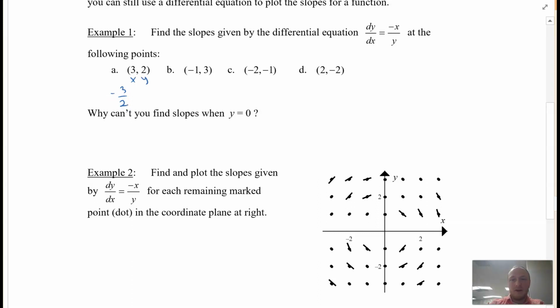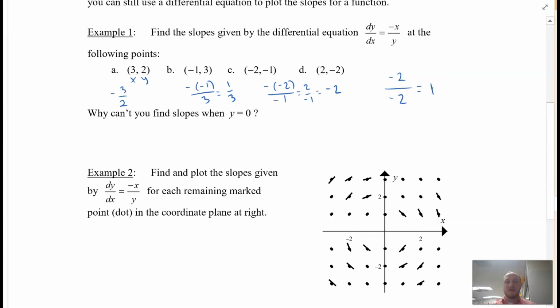Very, very simple. For b, it's going to be negative 1 over 3, which happens to be negative 1/3. All I'm doing is plugging in x and y. For c, I have negative 2 over negative 1, so that's 2 over negative 1, which is negative 2. And for d, using the same idea, we have negative 2 over negative 2, which is 1.